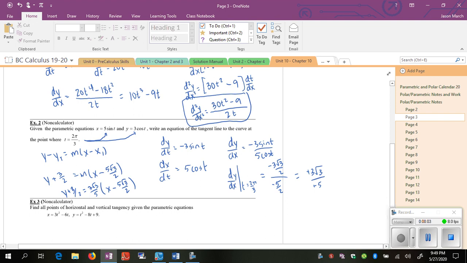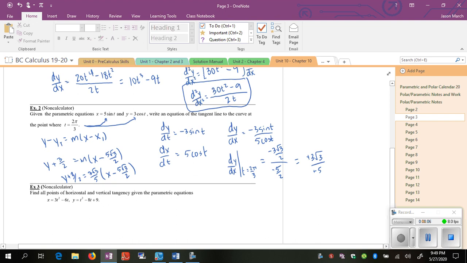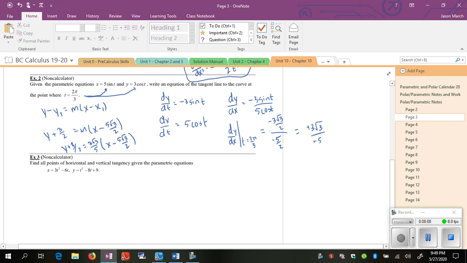Next one, find all points of horizontal and vertical tangency given the parametric equations. So we need to know when is dy/dx equal to 0 and when is dy/dx going to be undefined, or where's the denominator going to be 0.